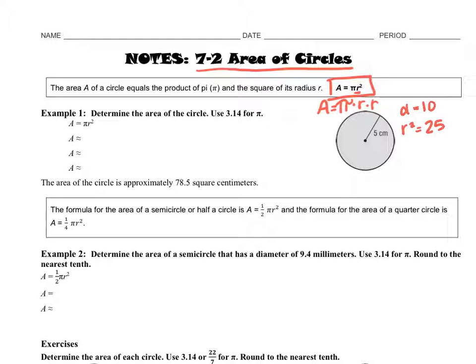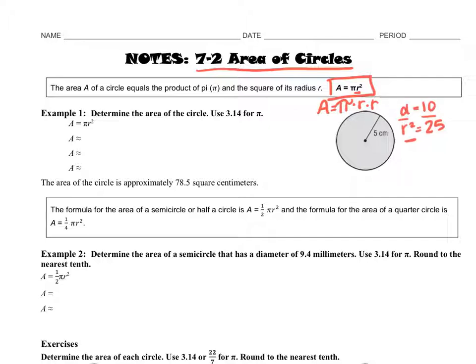So I see your thought process, but that diameter is twice, and we want squared. There's a difference between twice and squared, okay? Squared is multiplying something by itself. Twice is multiplying something by 2, okay? So r squared is 25 and d is 10. Well, that's going to change your answer up a lot, right?